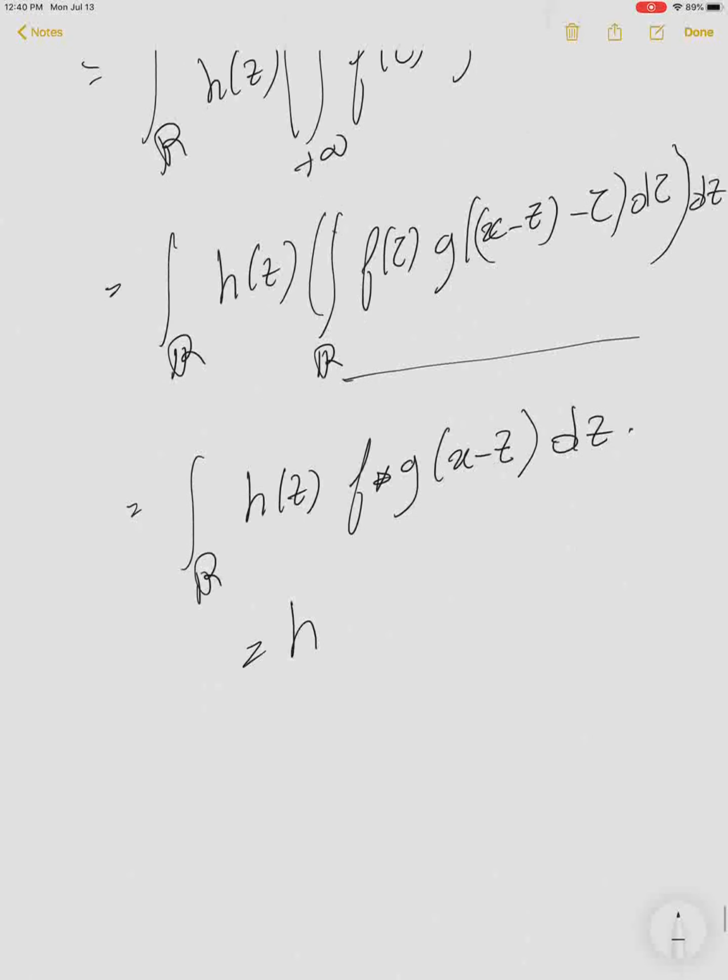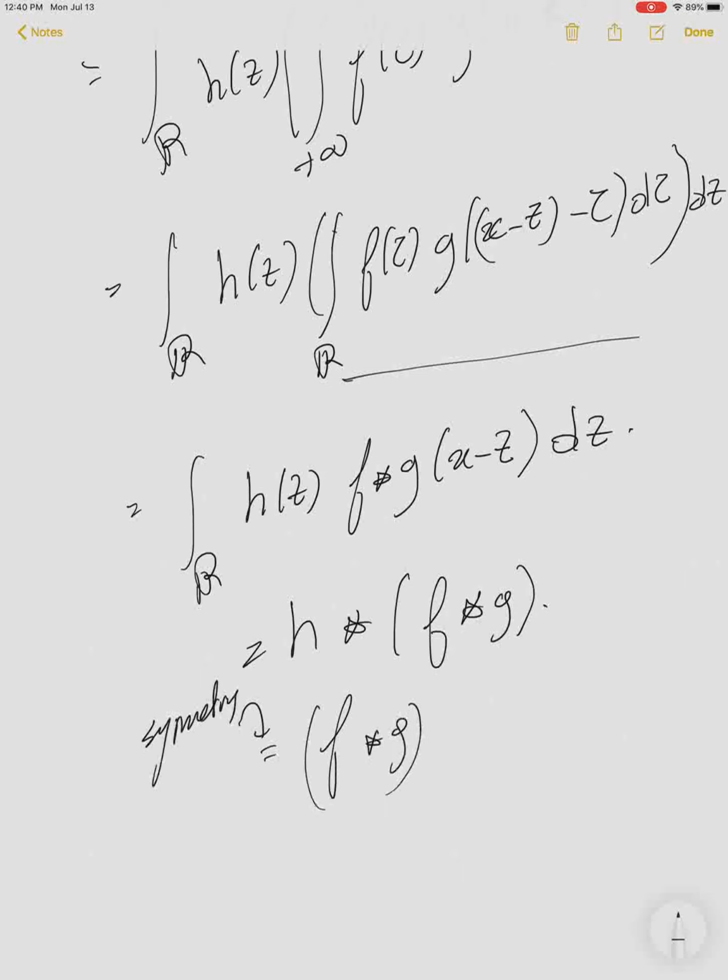And by definition, this is h convolved with (f convolved with g). And by distributivity, this is, by symmetry, f convolved with g convolved with h.